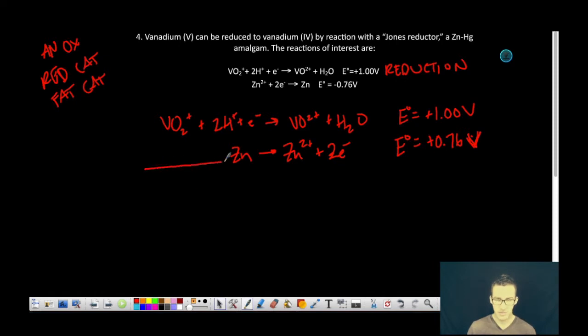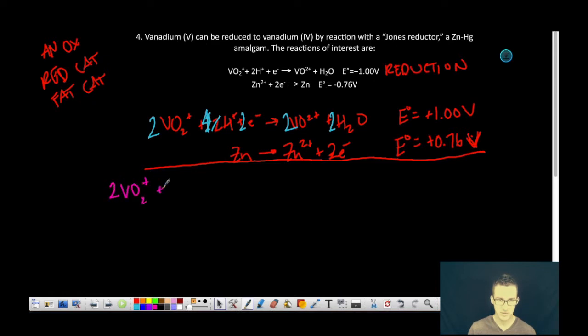Then we need to combine our two reactions, but before we do that, we want to make sure that we are gaining as many electrons as we are losing. In this example, we are only gaining 1 electron but losing 2. So to balance our half reactions out, we need to multiply our reduction half reaction by a coefficient of 2. When we do that, our final combined redox reaction is going to look a little bit like this.